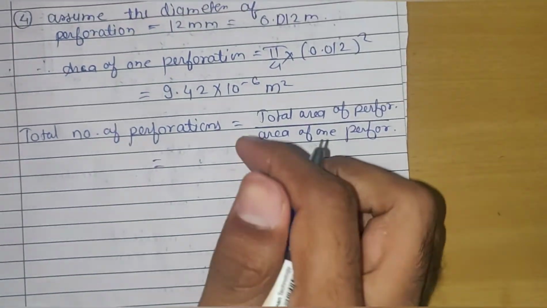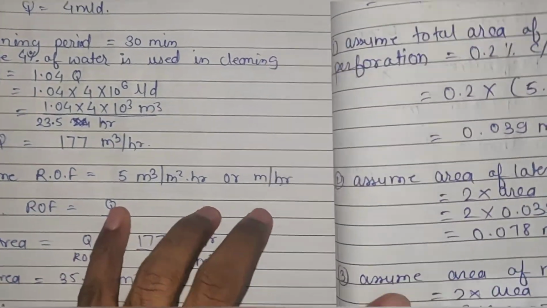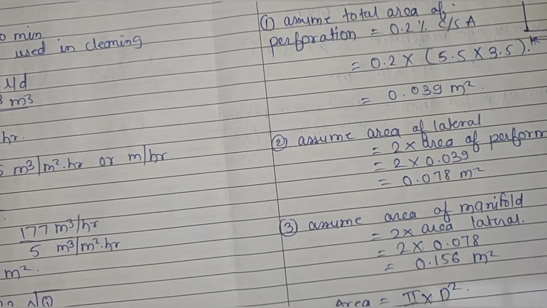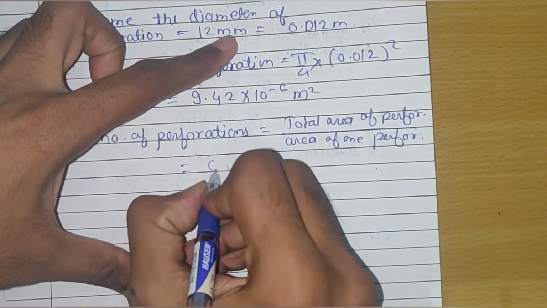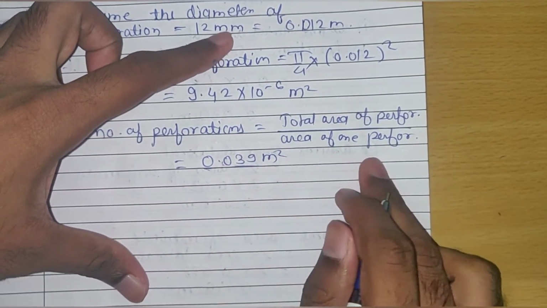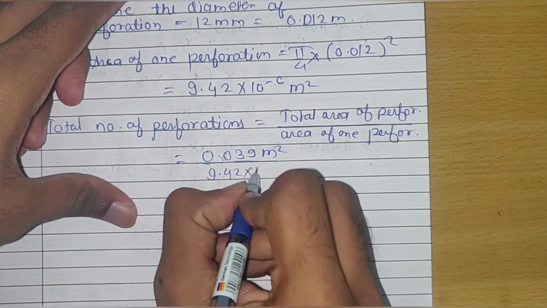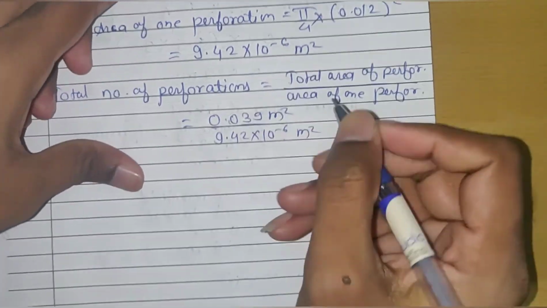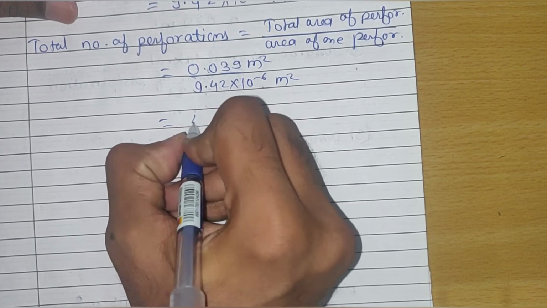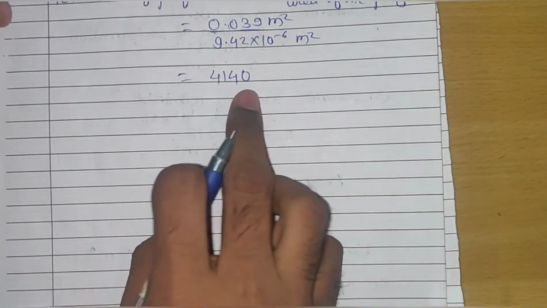The total area of perforation is 0.039 meter square, divided by the area of one perforation, 9.42 into 10 raised to minus 6 meter square. After calculating, the total number of perforations will be 4140.